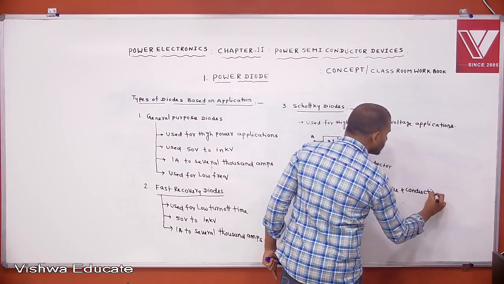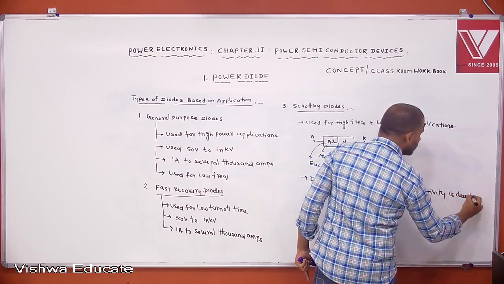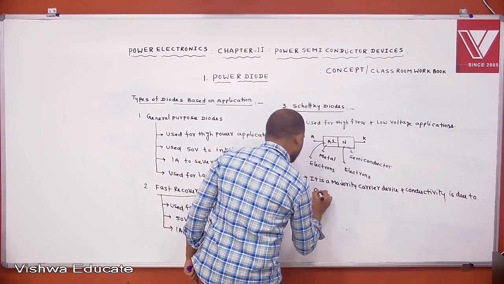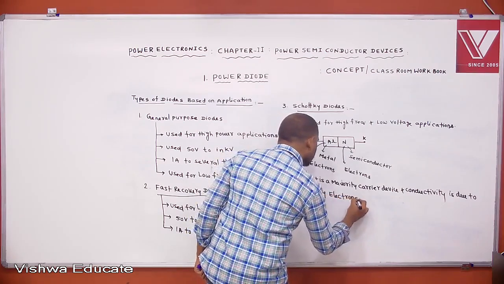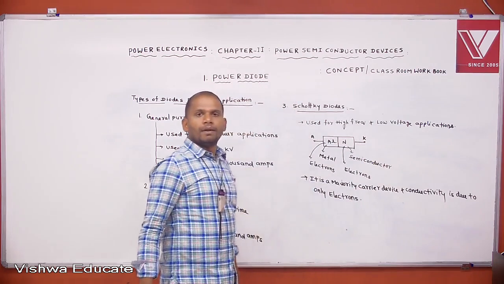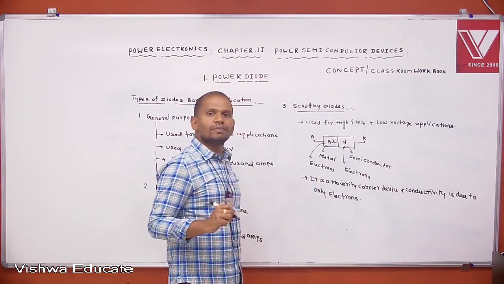And the conductivity is due to only electrons. Understood? Then the total conductivity is due to only electrons. That's why it is a majority carrier device.